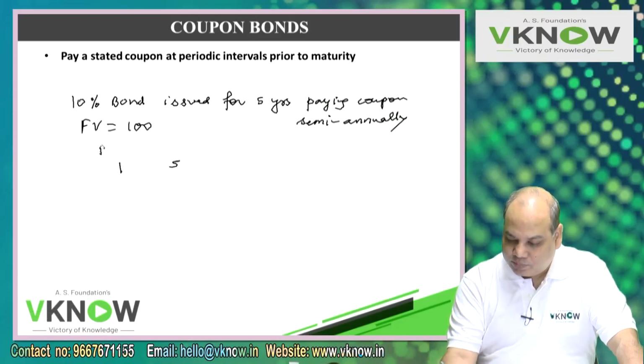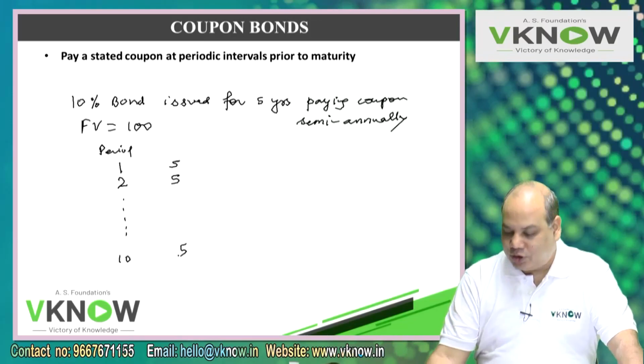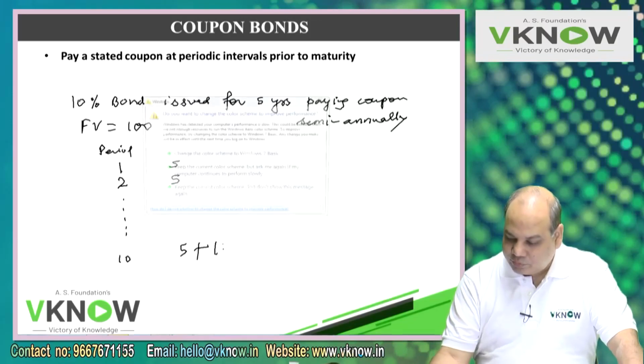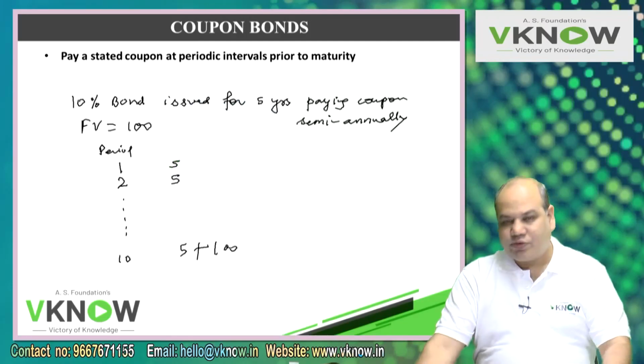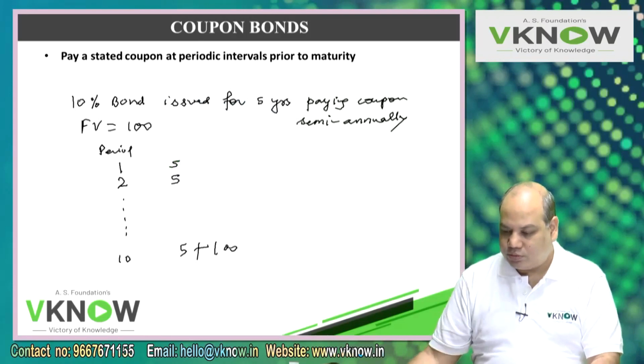So I will write here period. Second period means after another 6 months, 5. And this way, 10 times it is going to pay coupon. 5 rupees, 5 rupees, 2 times in a year, total 10 times it will pay 5 rupees, and in the last period, it will also pay 100 rupees. So that is how coupon bonds work.